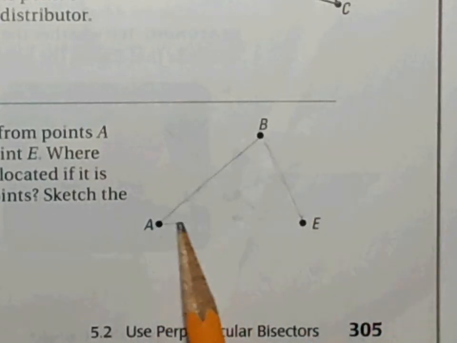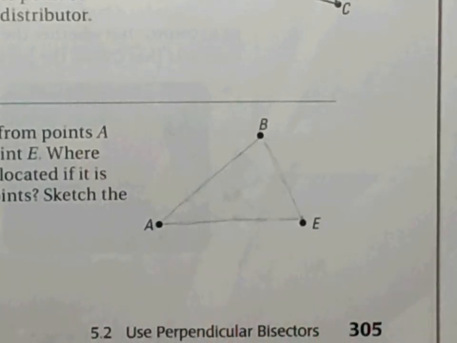And we know that we're going to have to find the circumcenter. So in order to find the circumcenter, we are going to have to draw the perpendicular bisectors.